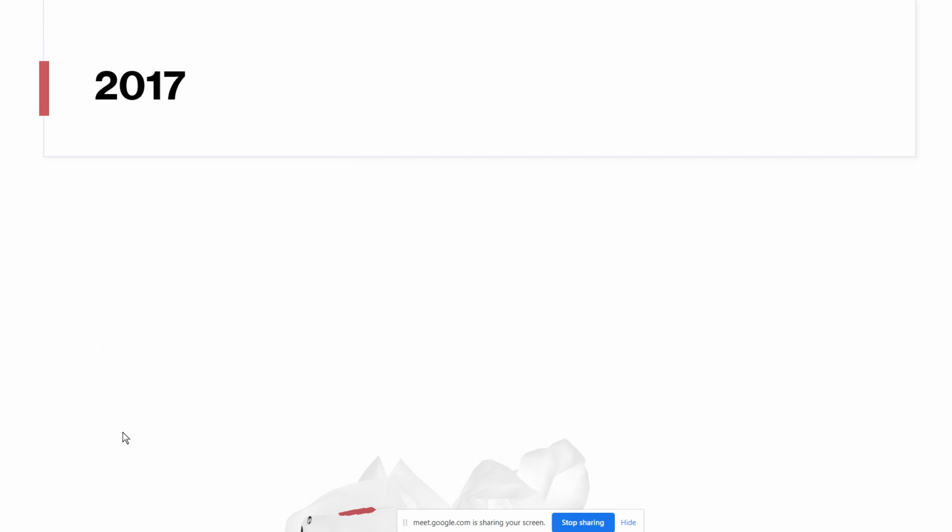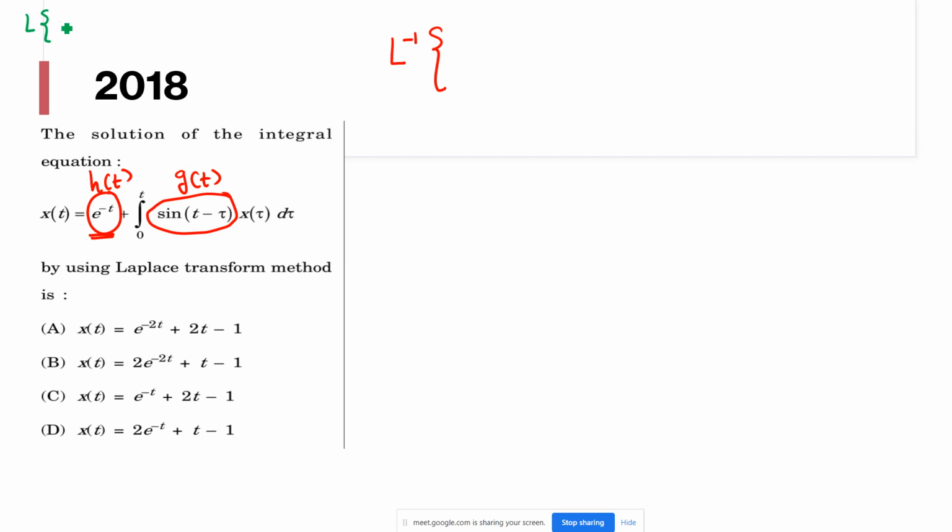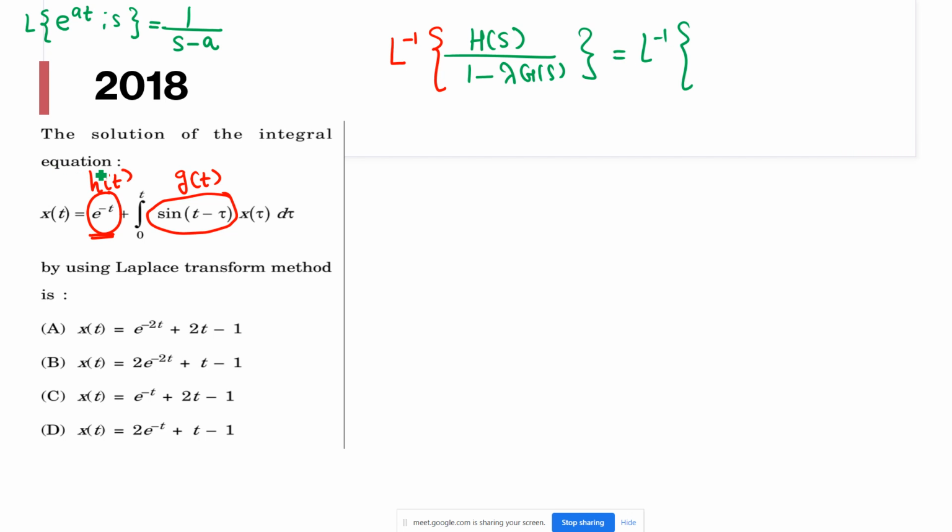I feel that at least before the examination they should be memorized; if not by then, there will be a problem. So if I have e raised to at, the Laplace is 1 by s minus a. Here in place of a, I have minus 1. The numerator is nothing but h of s divided by 1 minus lambda g of s. So the Laplace of my h of t, that is e raised to minus t, is nothing but 1 by s plus 1.